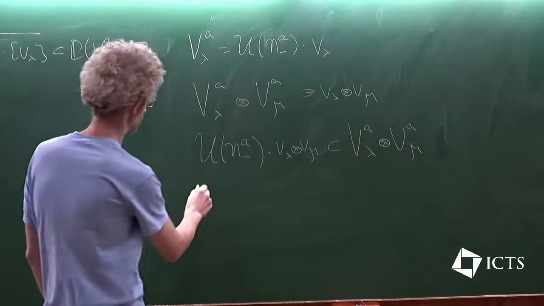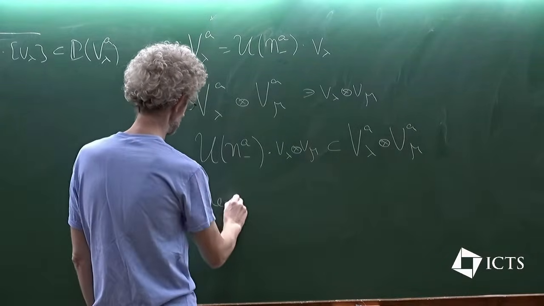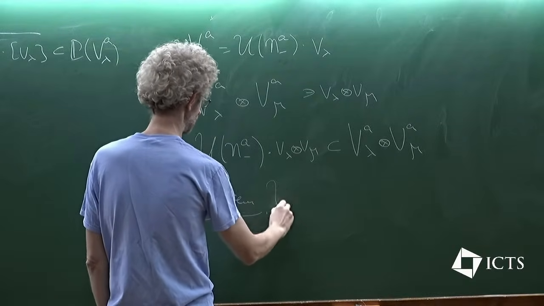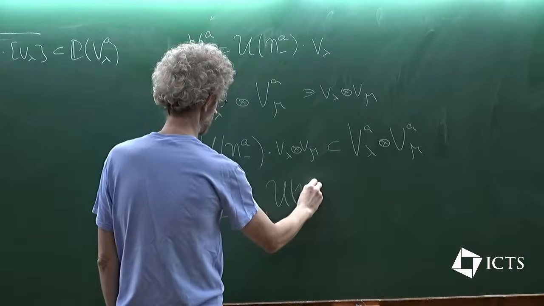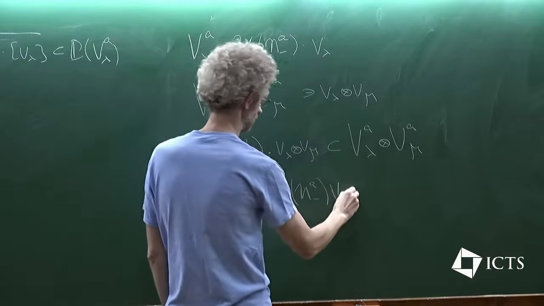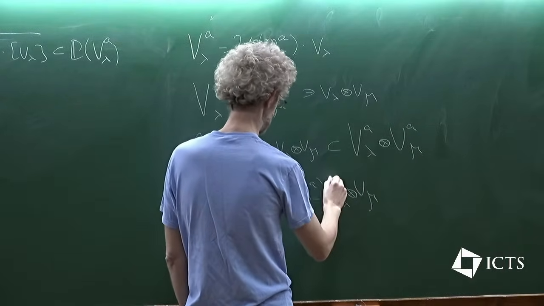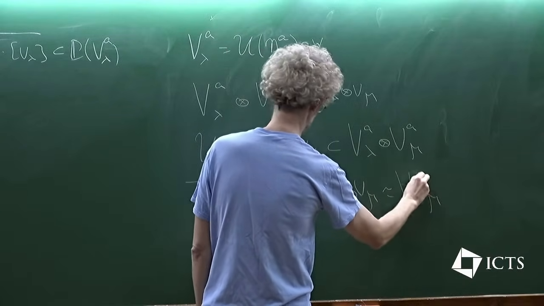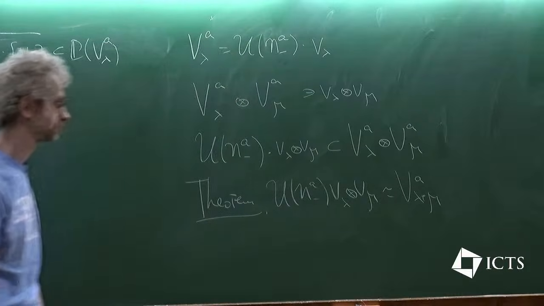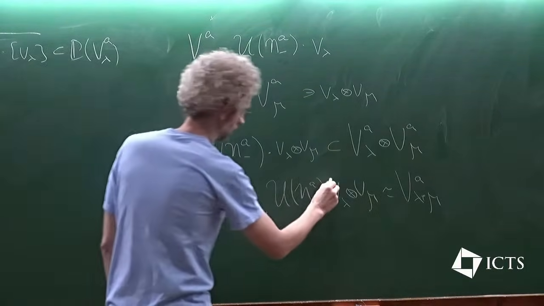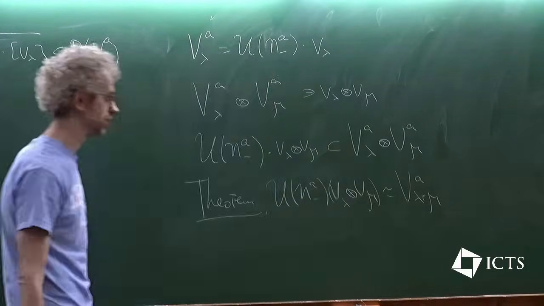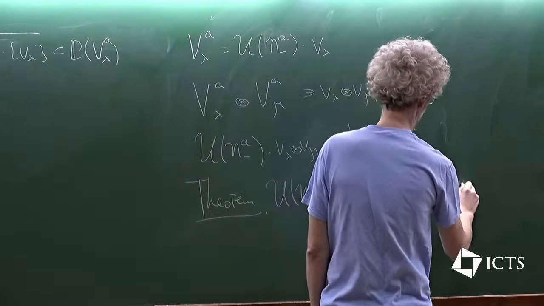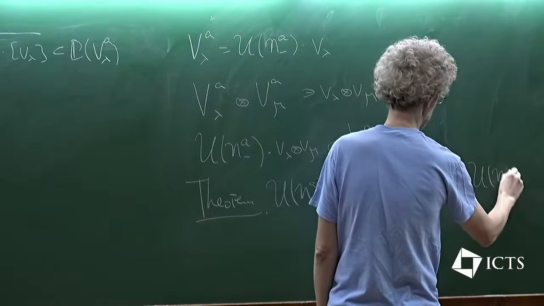However, the theorem, which is far from being obvious, says that this U(n^-_a)(V_λ tensor V_μ) is actually isomorphic to V_{λ+μ}^a. Okay? So it is isomorphic as a U(n^-_a)-module.